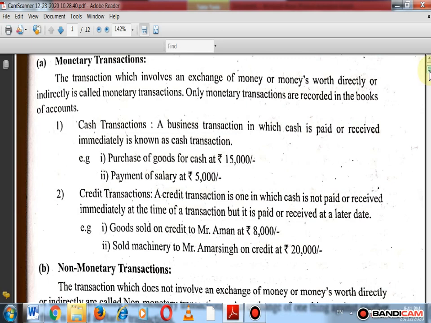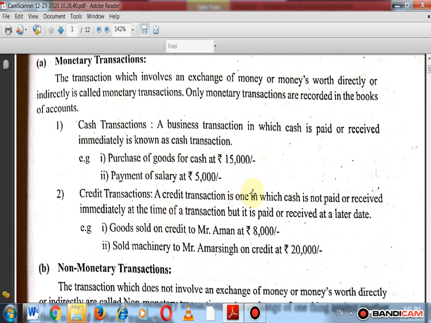Immediately paid cash is known as a cash transaction. Second example is payment of salary at rupees 5,000, paid to workers or employees. Salary is immediately paid, so it is a cash transaction.